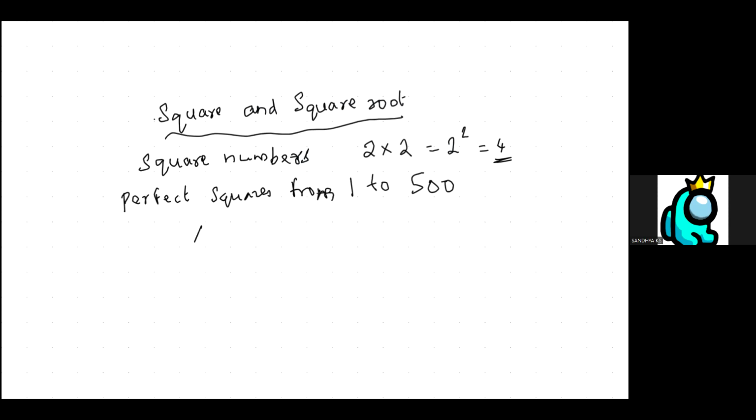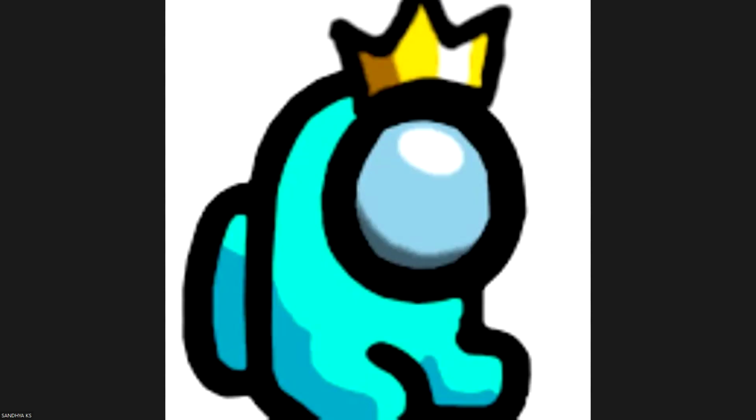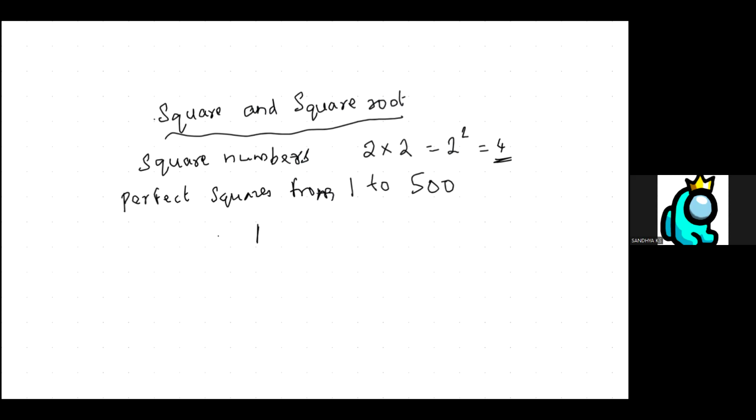What is 1 square? That is equal to 1. One square equals 1 into 1, 1.